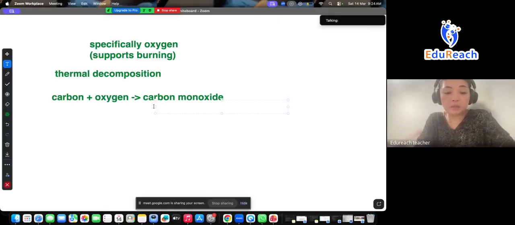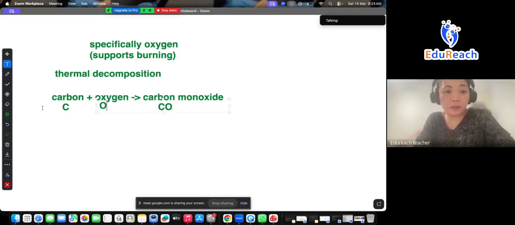Carbon monoxide in terms of chemical symbol is CO, yeah? So to the carbon, which is just C, one oxygen atom is being added to form a new substance, carbon monoxide. So this is one example of an oxidation reaction.